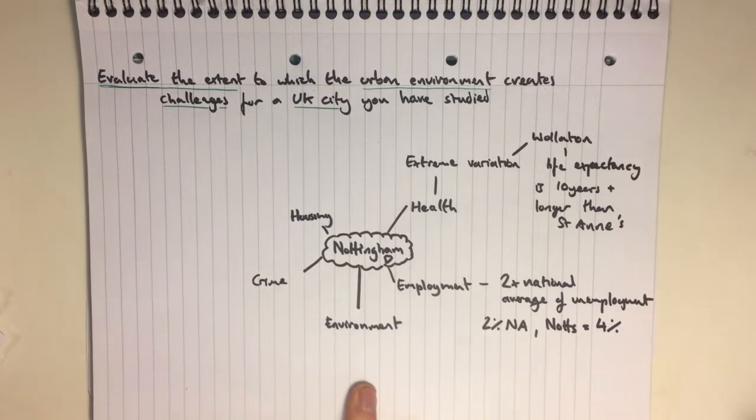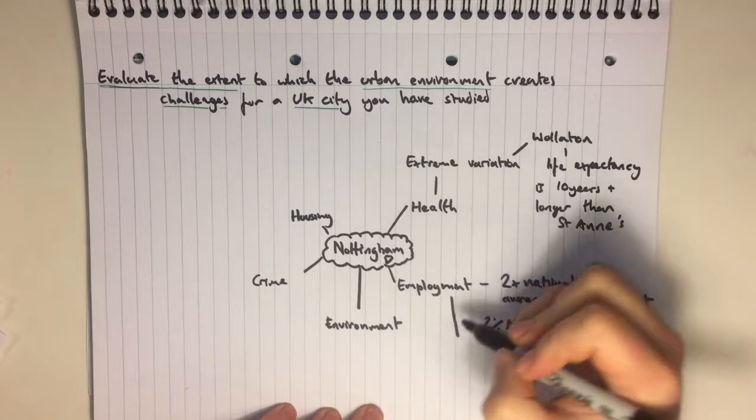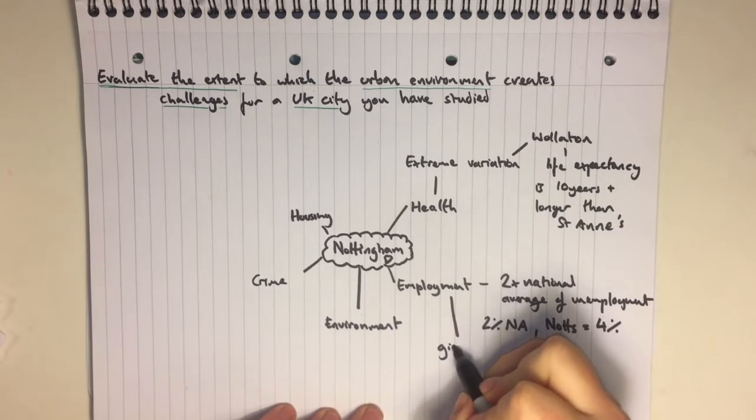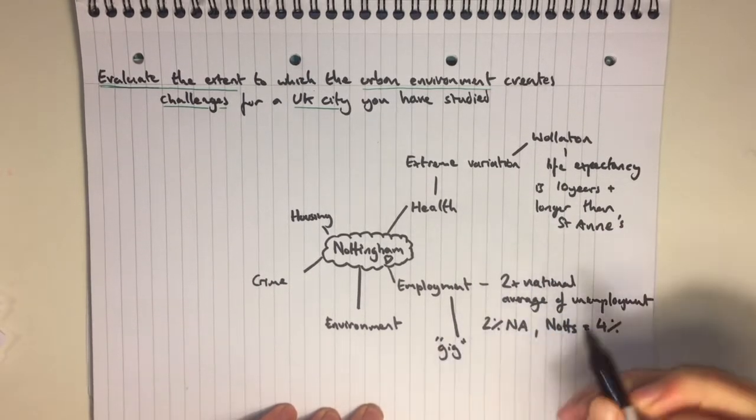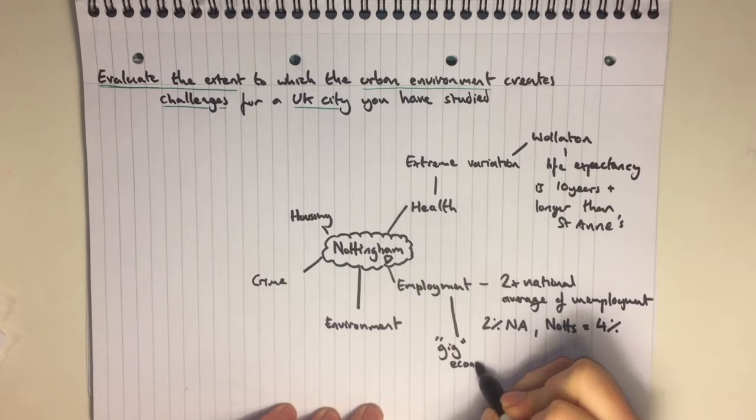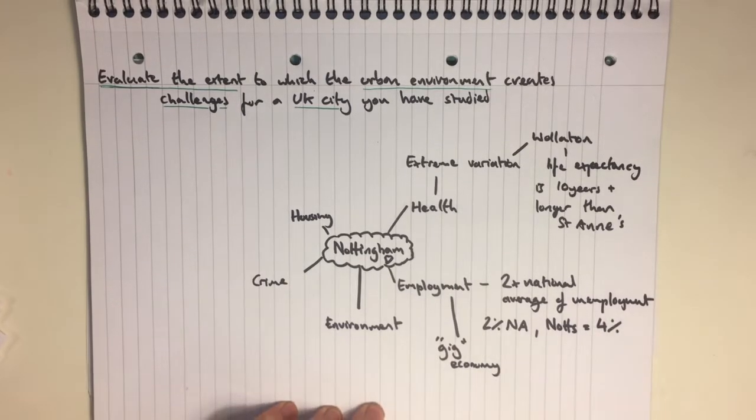In fact, it's actually 4.1%, it's slightly higher. One other thing that you might want to think about there is, as well as this 2 times amount of unemployment, we also see a lot of gig economy work in Nottingham. And those people often have very limited rights in their types of employment.